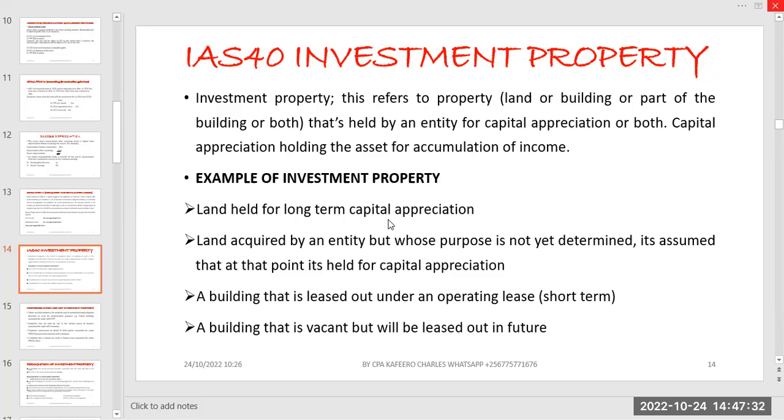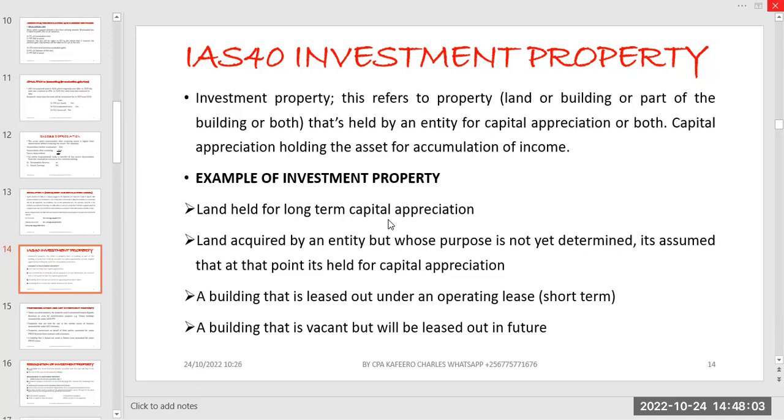You look at the nature, you look at the purpose, and we classified them into tangible and intangible assets. Intangible was IAS 38, and for the tangible assets, we had the PPE, which went to IAS 16, and we have the IAS 40, that is investment property.